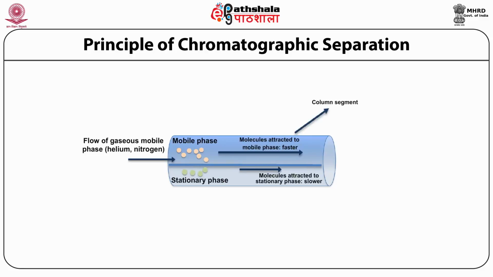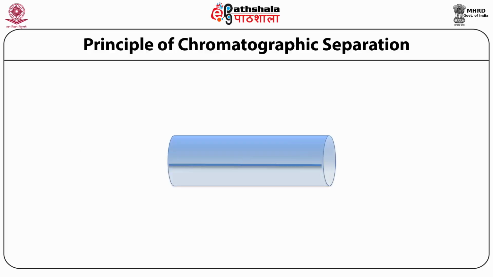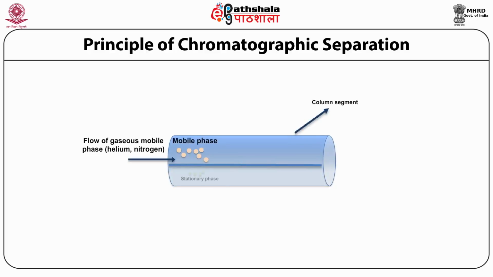So as the molecules are being carried in the mobile phase, each of these analytes or molecules within the sample will interact differentially with your liquid stationary phase. So understandably, the molecules that interact more with your stationary phase will move slower, and the molecules that are attracted to the mobile phase, or that interact less with the stationary phase, will move faster.